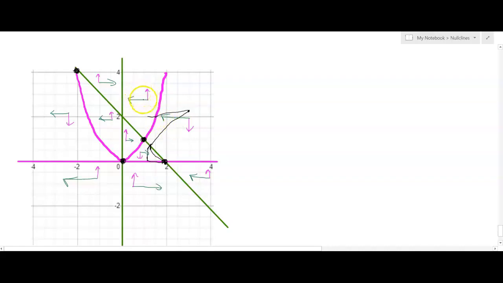Now this point is forced to go up and to the left, so it could go up and to the left forever. Or perhaps what happens is it hits the green nullcline, and if it hits the green nullcline, well, that's an x nullcline, so dx/dt is 0, and we see that both of the y components face up, so this point is going to veer off to infinity, either like that or like this guy here.